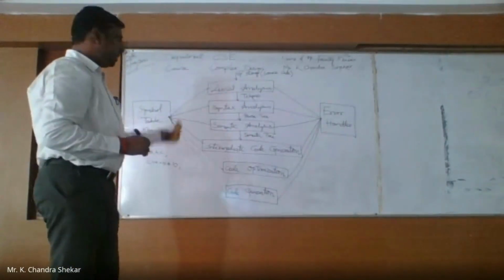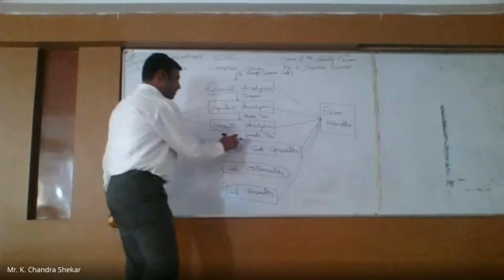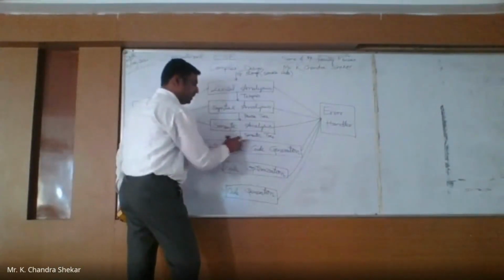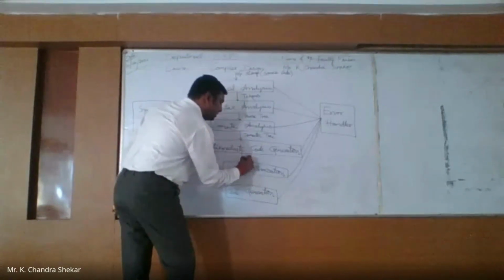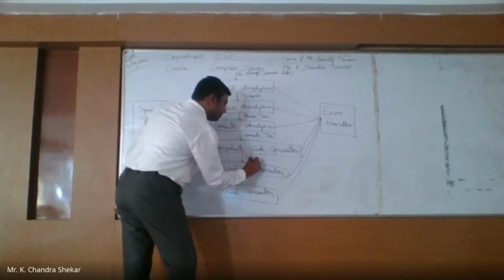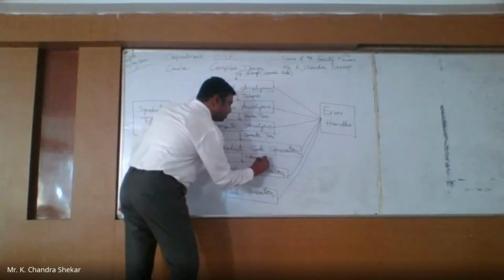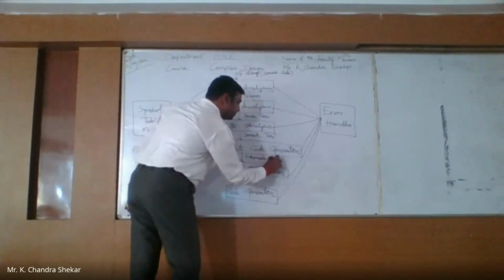Okay? And after that the semantic tree is passed on to the fourth phase, which is intermediate code generation, and here comes the intermediate code. So the intermediate code is being generated.